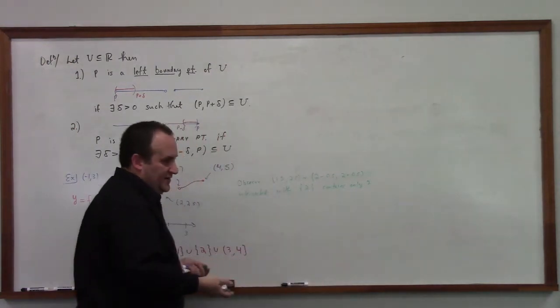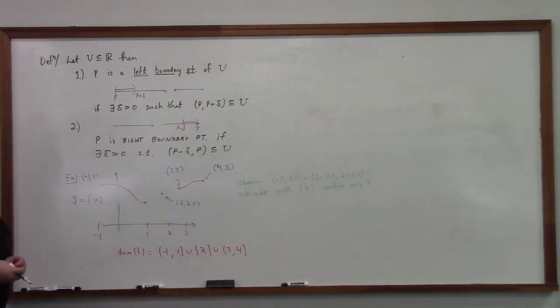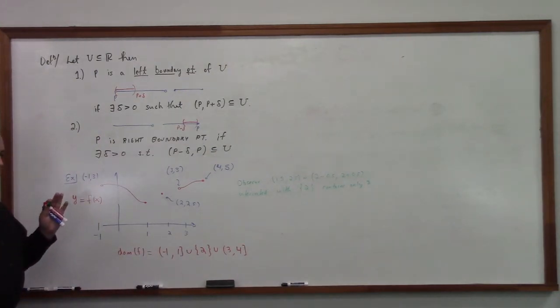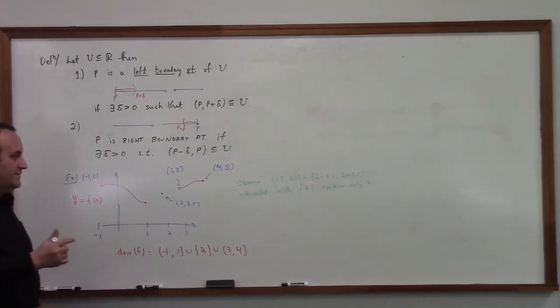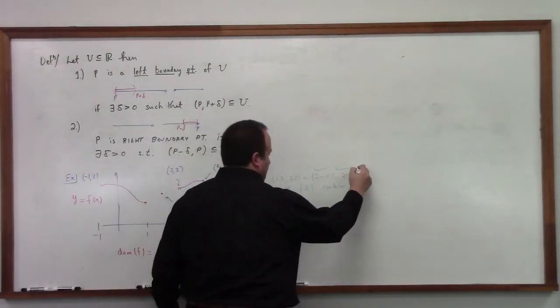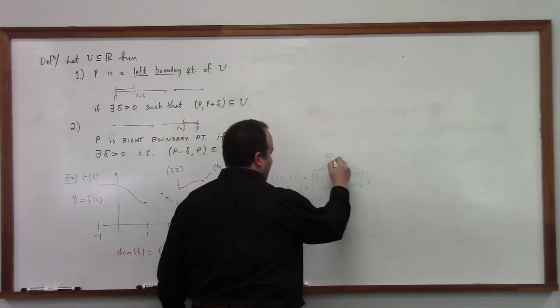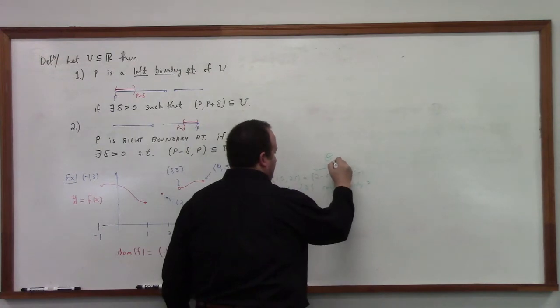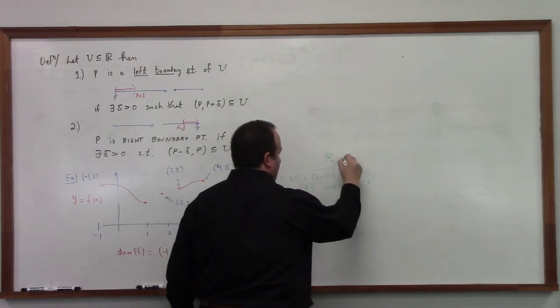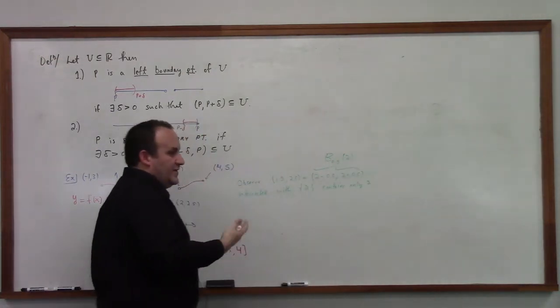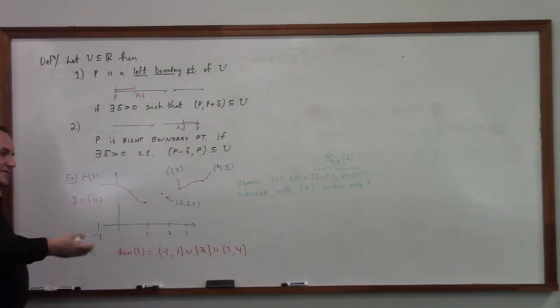So by the definition of isolated point, that proves that 2 is isolated. Because I could find a ball of radius, in our notation this is the ball B sub 0.5 centered at 2. It's the ball of radius 0.5 with center 2.